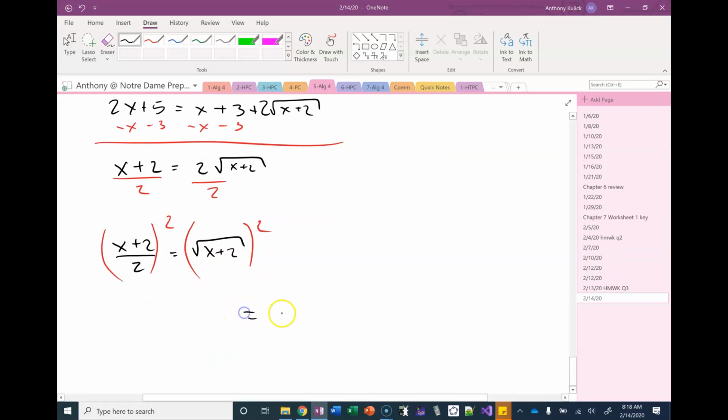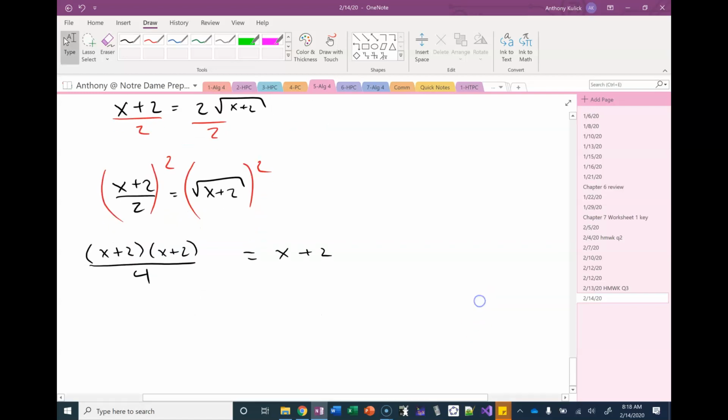So on the right-hand side, the squared cancels the square root, and we're left with just x plus 2. On the left-hand side, we're going to have to FOIL. Is everybody okay with that? Where did the 4 come from? 2 squared. Good. Okay.